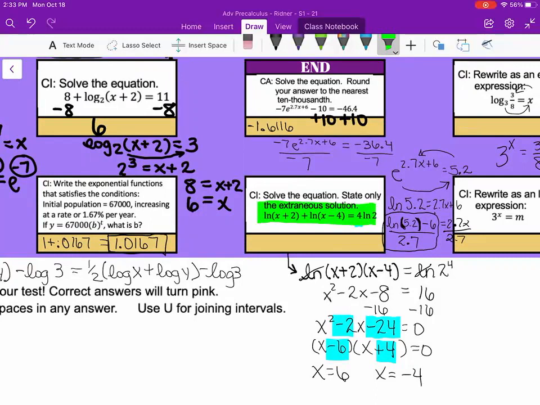Then I get 6 minus 4, which is 2. ln of 2, that's also positive. Everything's fine. But if I plug in negative 4, I get negative 4 plus 2, which is negative 2 here. And then negative 4 minus 4 is negative 8. Neither one of those is okay. So negative 4 is our extraneous solution, which means it's not actually our solution. Our real solution is 6.